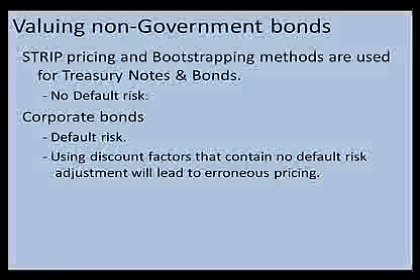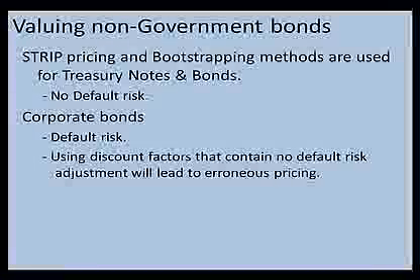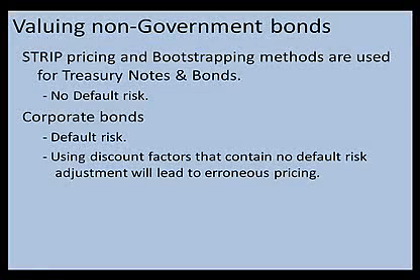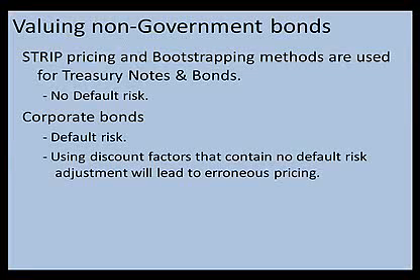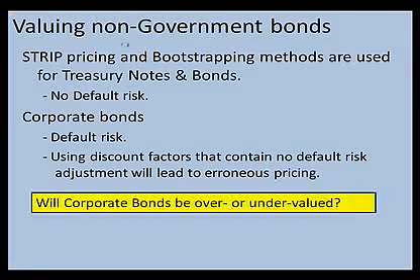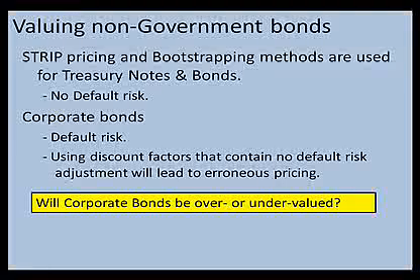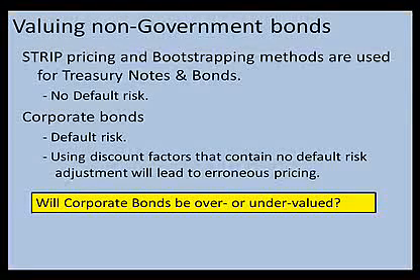What happens if we're trying to value non-government bonds? The strip pricing and the bootstrapping methods are there for treasury notes and bonds, but there's no default risk with treasury notes and bonds. With corporate bonds, we've got default risk. If we use discount factors that contain no default risk, then we're going to get mispriced corporate bonds. So do you think the corporate bonds will be overvalued or undervalued if we use these discount factors based on government bonds where there's no default risk?